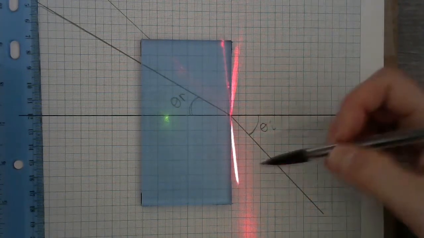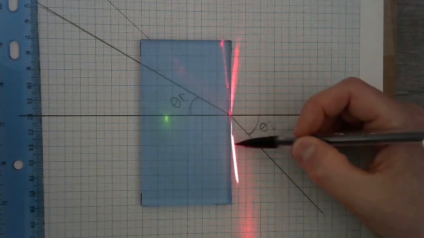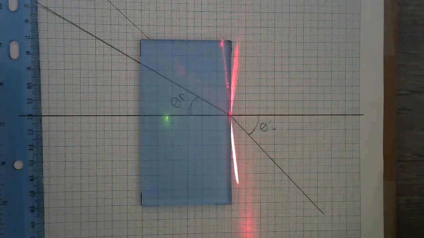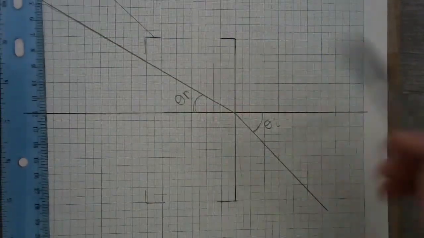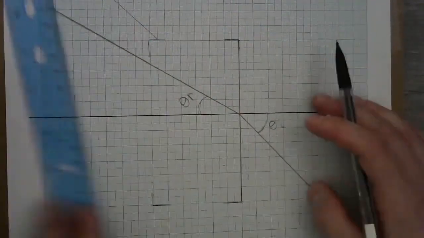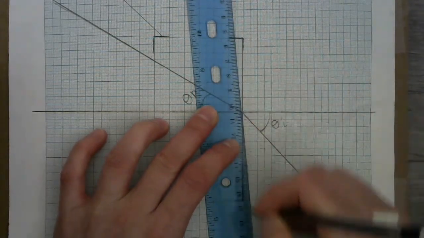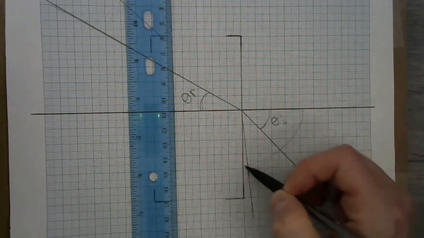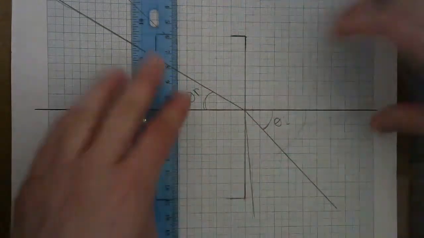And you'll also want to draw the incident beam. So I'm just going to do a few dotted lines and then fill it in with the ruler afterwards, so that you can measure how close or how far off you were from 90 degrees when you measured your critical angle. So I want to measure this angle of incidence from the normal to see how close or how far off I was from 90.